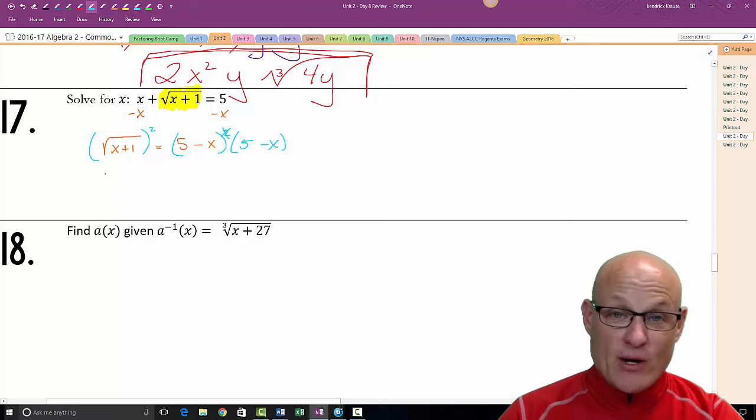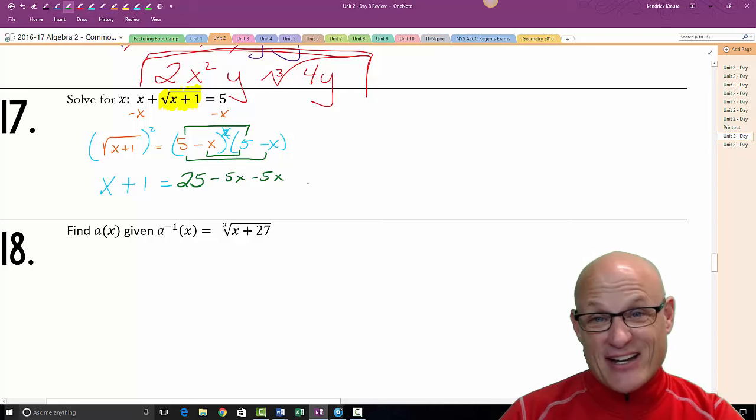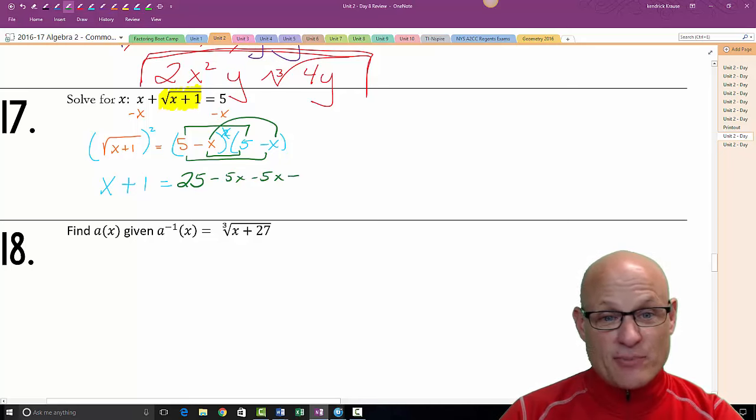Now, on this side, the square and the square root do each other in. We get x plus 1. On this side, we got to double distribute. 5 times 5 is 25. Minus 5x and minus 5x, that's minus 5x minus 5x. And negative x times negative x is positive x squared.